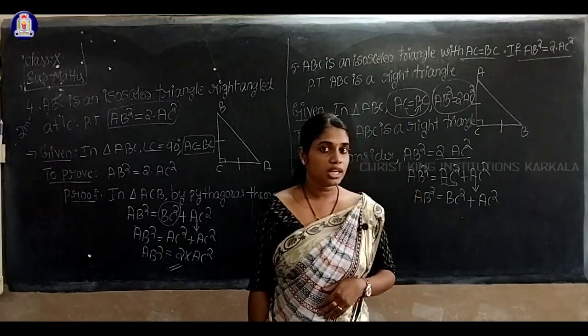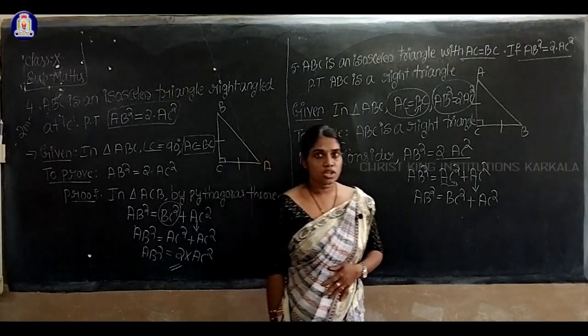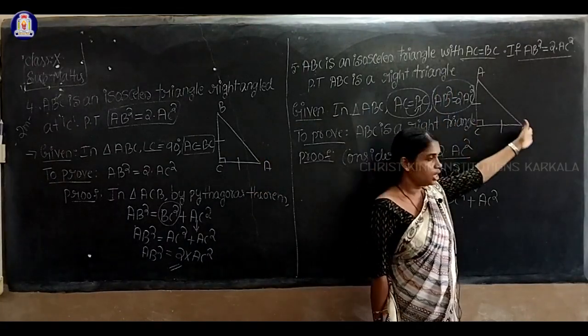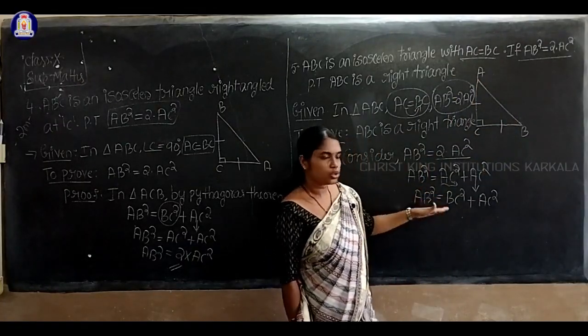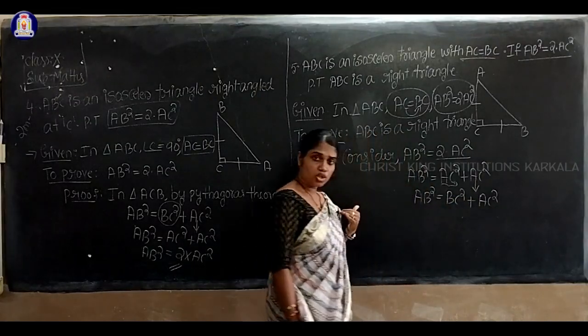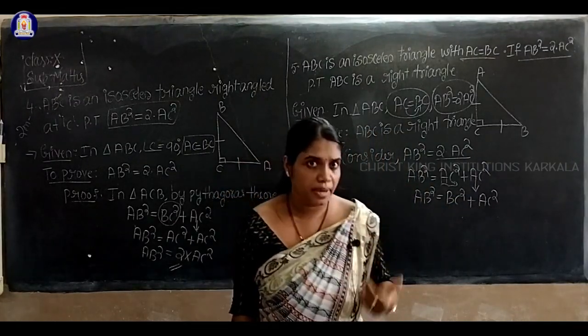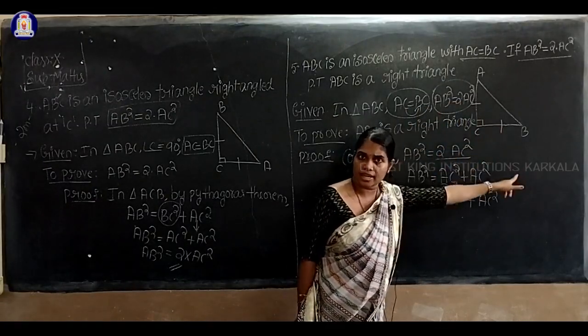The statement I have already given, the converse of the Pythagoras theorem. So what does it say? A square on the longest side, here AB is your longest side, is equal to the sum of the squares on the other two sides. So by using the converse of the Pythagoras theorem, can I say the given triangle is a right angled triangle? Yes.